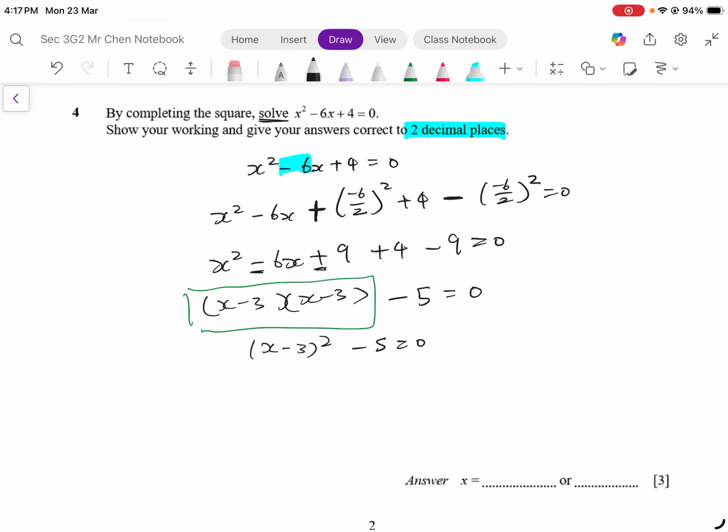And after that, you should have 2 marks by solving. x minus 3 equals to square root 5 plus 3. Okay, so you'll get x equals to square root 5 plus 3 or x equals to minus square root 5 plus 3.